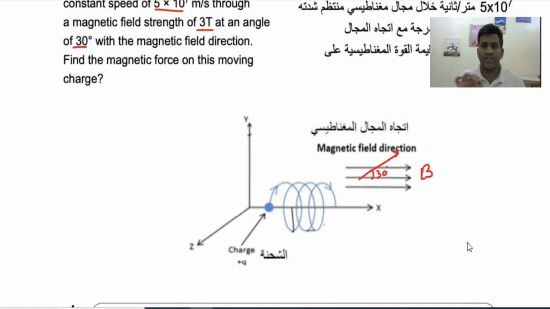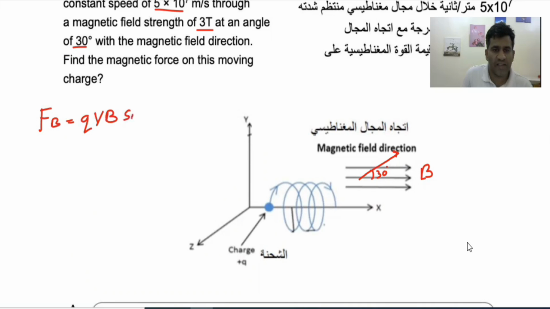This is a simple and straightforward question based on the formula; no conversions are required. The formula for the magnetic force FB is written as QVB sine theta.